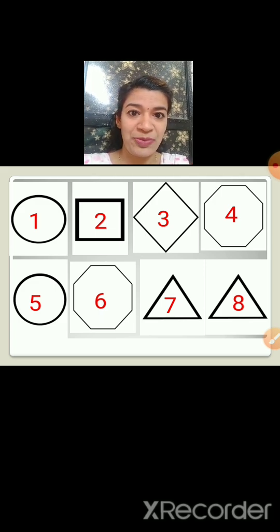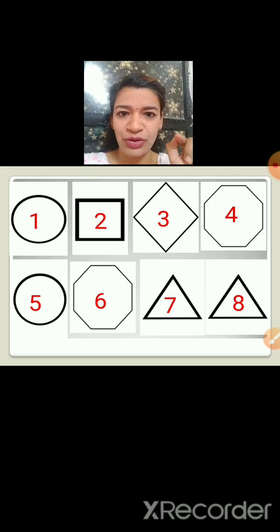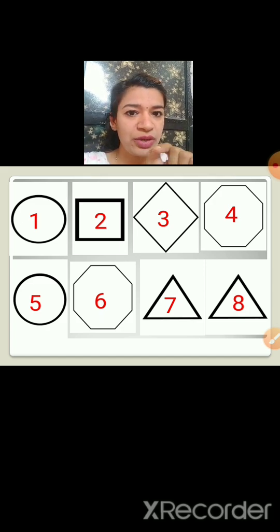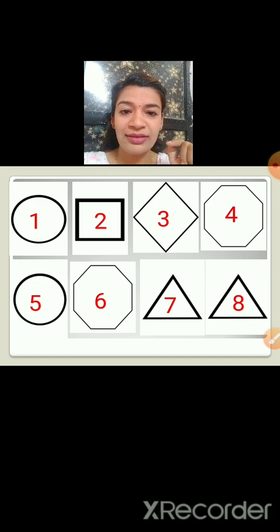Okay, we'll repeat it. Now you can do one thing. You can take out your notebook. You can draw these shapes. You can write the numbers on it and we can repeat. Okay?